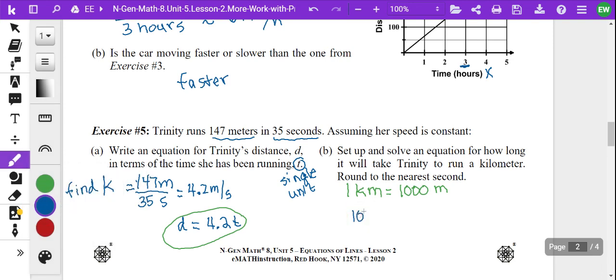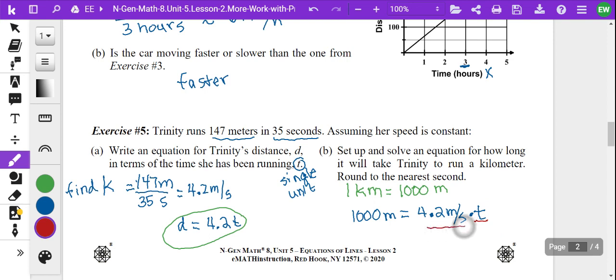Distance, 1,000 meters, equals the speed, 4.2 meters per second, times the time. So I need to isolate the variable t. So you need to isolate that right here.